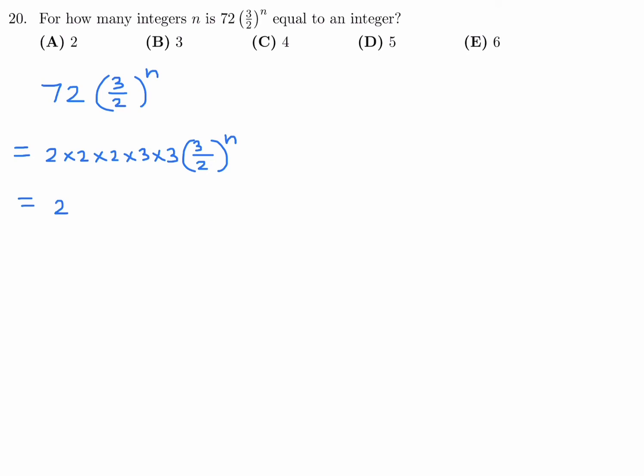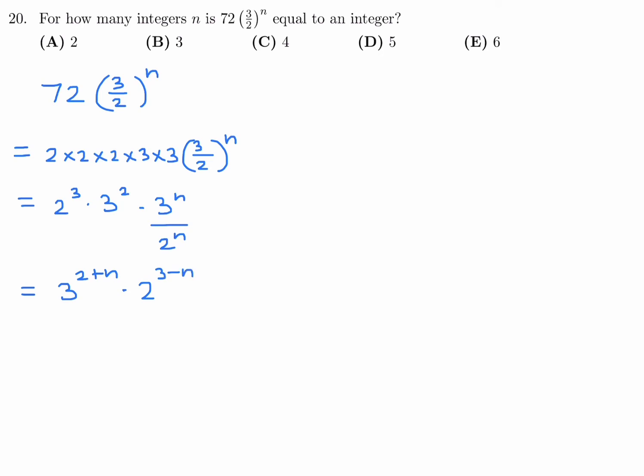So this is 2 to the power of 3 times 3 to the power of 2 times 3 to the power of n divided by 2 to the power of n. Combining, we get 3 to the power of 2 plus n times 2 to the power of 3 minus n.